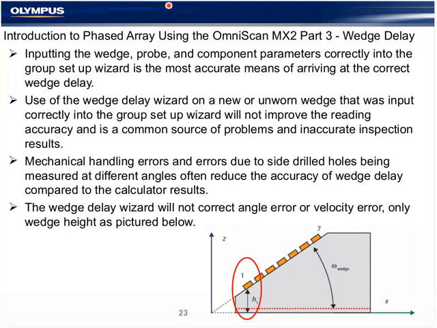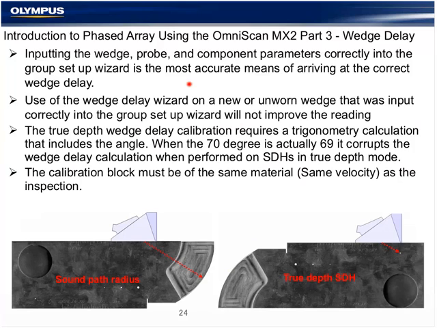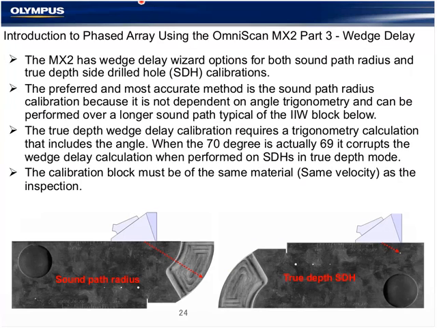Mechanical handling errors, and errors due to side drilled holes being measured at different angles, often reduce the accuracy of the wedge delay. And as we can see, the size of this side drilled hole will have an effect on the accuracy of the depth reading. For that reason, the radius is always the preferred method for doing this.